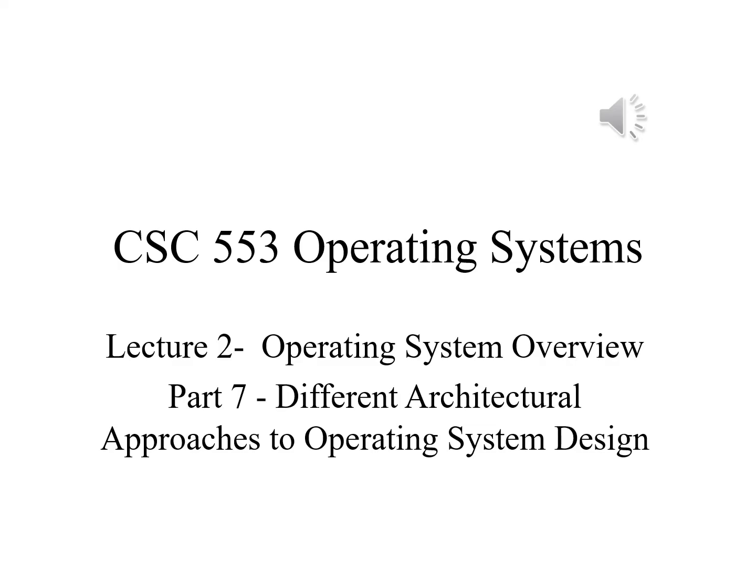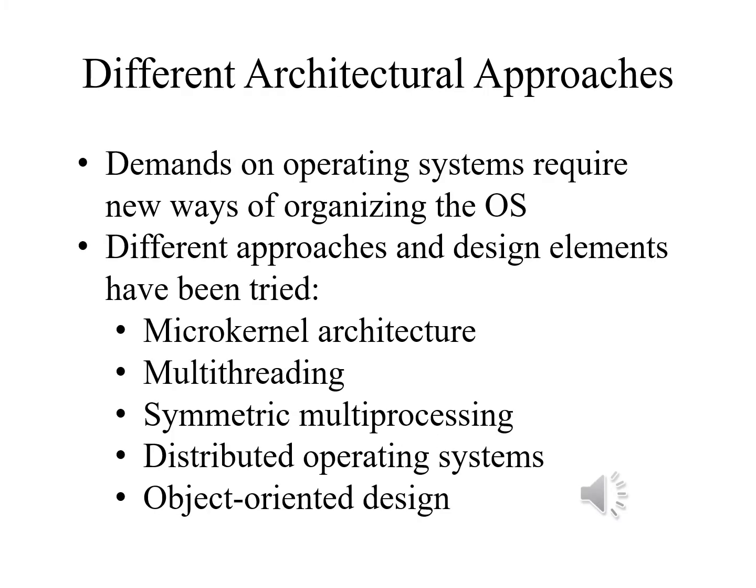In Part 7 of Lecture 2, we will discuss different architectural approaches to operating system design. The rate of change in the demands on operating systems requires not just modifications and enhancements to existing architectures, but new ways of organizing the operating system.